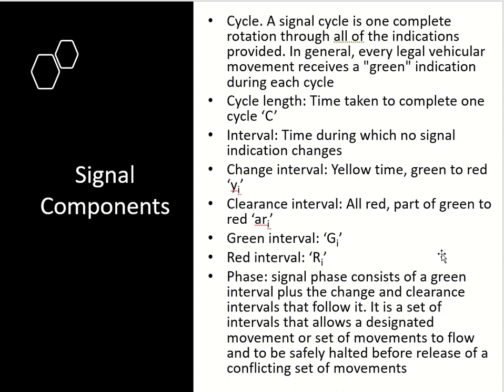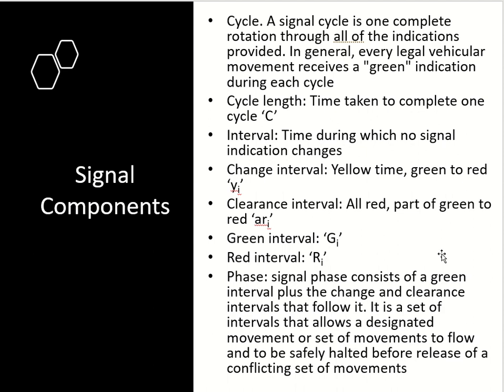When the next red begins, that is the end of the cycle. During one cycle, all movements receive their time, their green, their yellow. The cycle length is the time taken by one cycle, the number of seconds. So cycle length is represented with capital C.